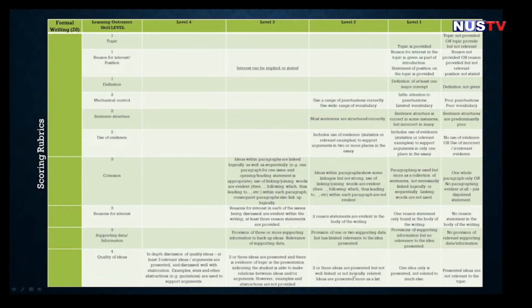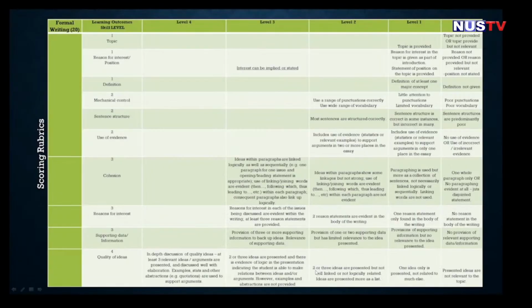Now for a skill level 2, if you provide 2 or 3 ideas and they are not well linked or logically related, you don't provide enough examples, then for quality of ideas, you can be awarded 2 marks or 2 scores. If you present just one idea and it is not much related to your topic, then you can get skill level 1 or 1 mark.